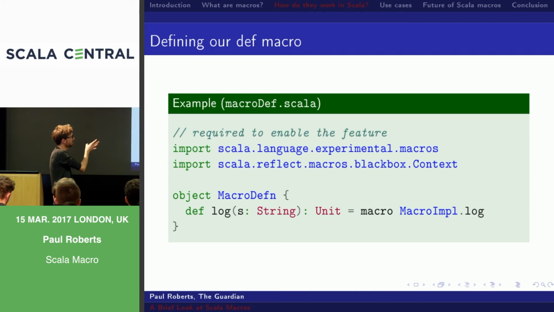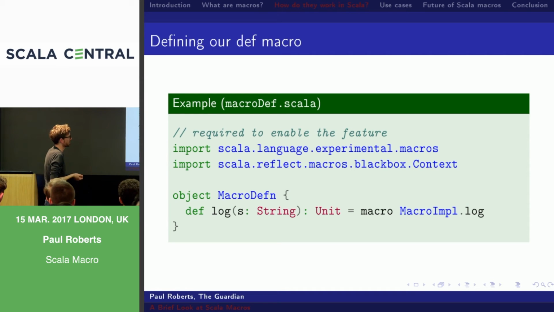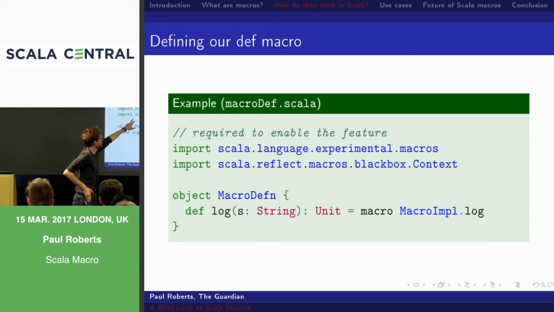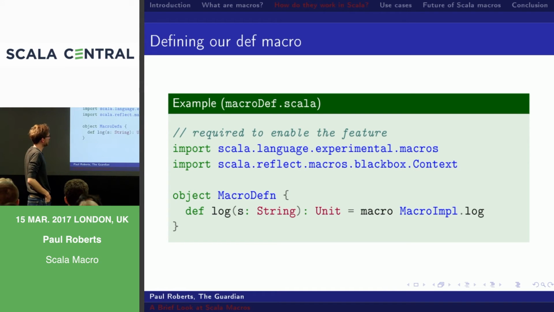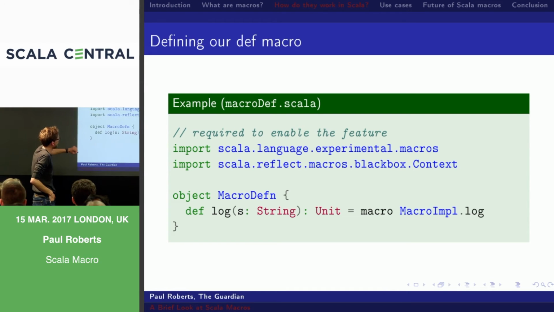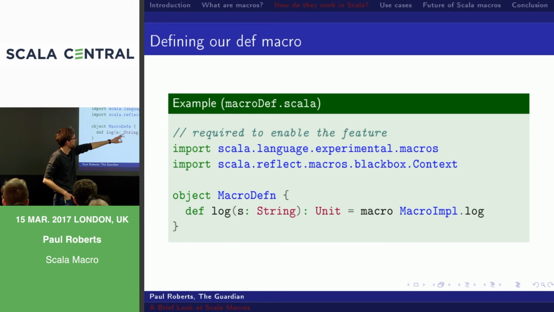So this is the macro definition. This is telling us what our macro is, how to use our macro, I guess. The first thing to notice is that, as I said, it's experimental, so we have to do an import to enable them, otherwise this won't compile. They're not enabled by default. And then all we're doing here is creating what you would recognize as a normal function with a return type and an argument.